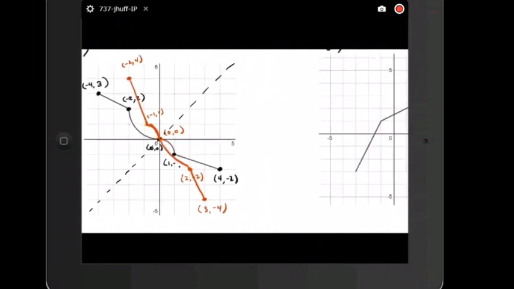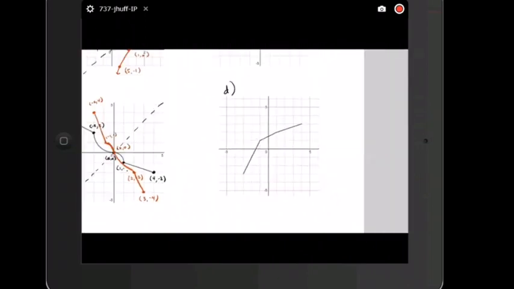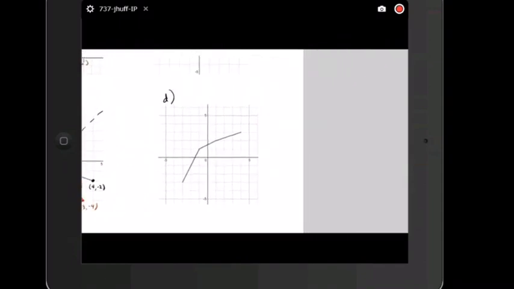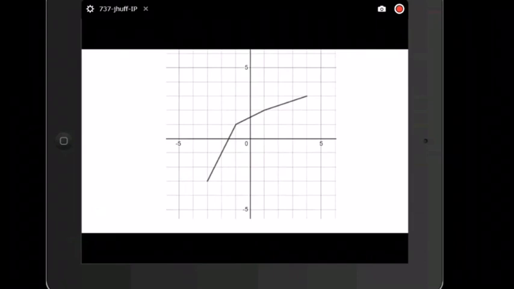All right, for part D here, we have a point there that's -3, -3. Point here that's -1, 1, 1, 2, and 4, 3.